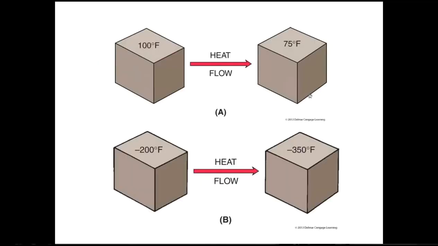Okay, heat flow. When I talked about heat earlier as molecules in motion, this makes sense to us. If we have a 100-degree Fahrenheit block of lead here and set it next to a 75-degree Fahrenheit block of lead, of course, we recognize that the heat will flow from the substance with more heat or molecules in motion to one with less. But now we don't usually think of minus 200-degree Fahrenheit and minus 350-degree Fahrenheit as having heat, but it still does.